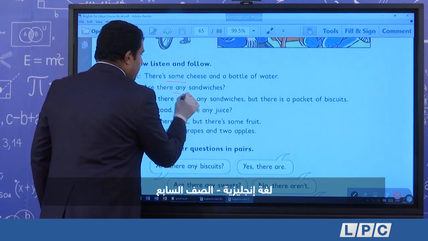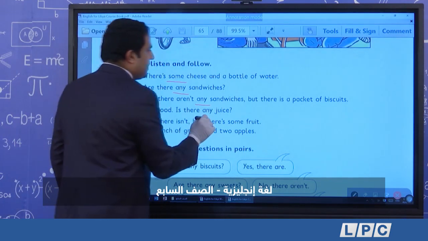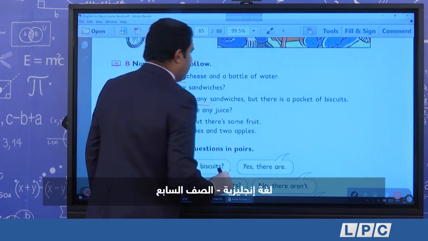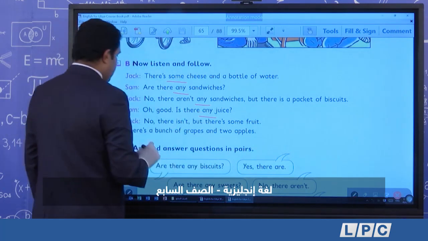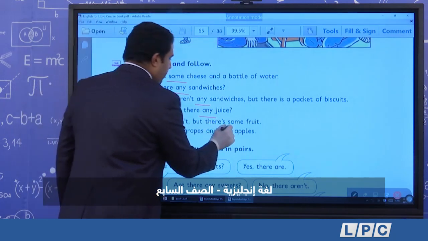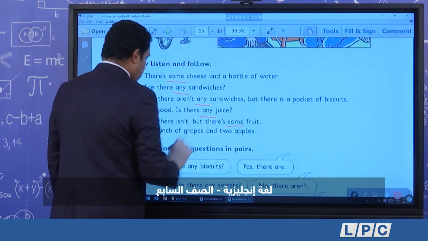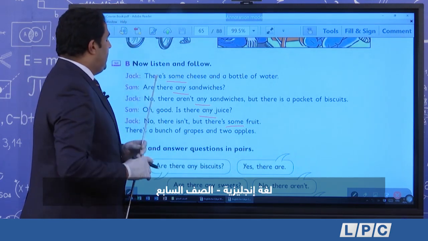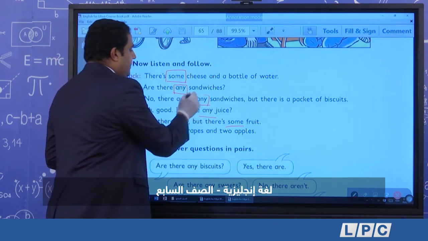Are there any sandwiches? No, there aren't any sandwiches, but there is a packet of biscuits. Is there any juice? No, there isn't, but there is some fruit.